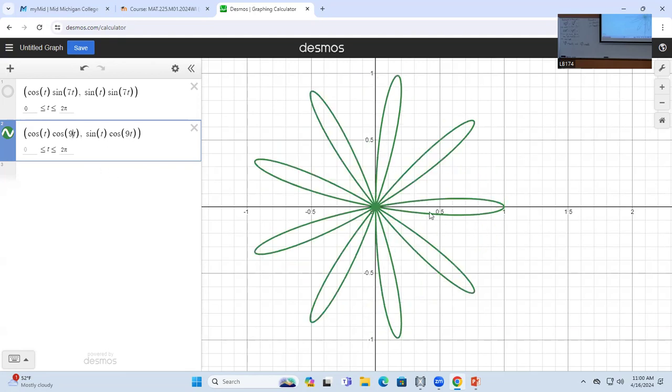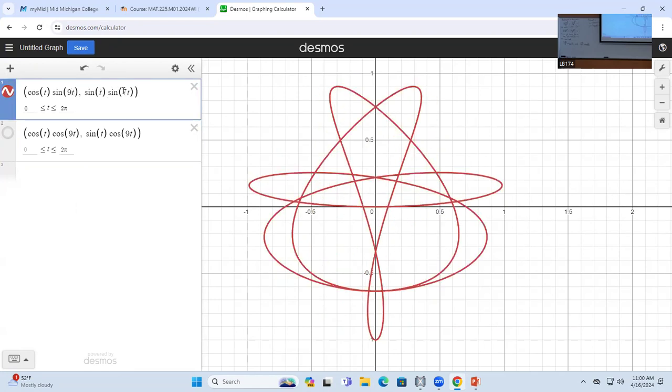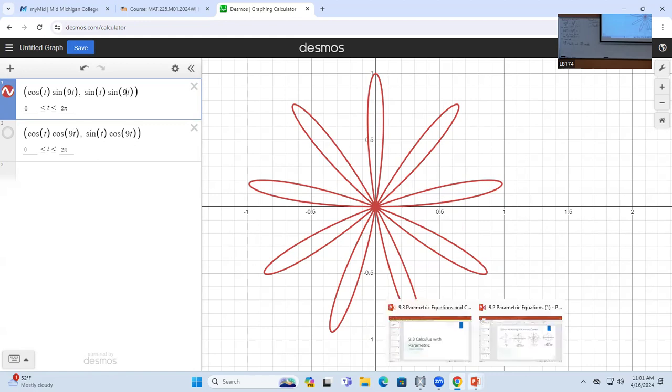You always get one right along the x-axis there. And if you do the same thing with sine, no matter what you change this to, if it's odd, you'll get one petal along the y-axis. Sometimes it'll be pointing up, sometimes pointing down, but that's the idea. So those are some interesting things we can get with parametrics.